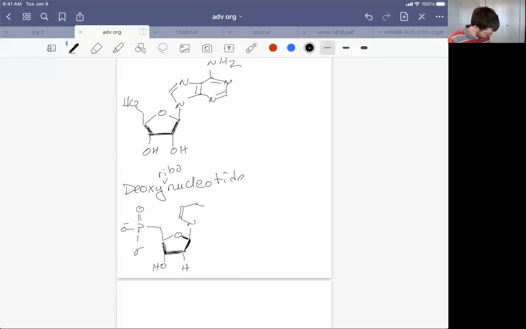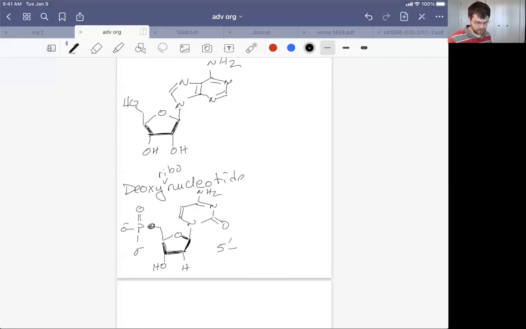All right, looks like I'm drawing deoxycytidine, which has cytosine as the base. So this is going to be 5, and they call this the prime carbon, just because there's a lot of carbons here. 5 prime. Ooh, I forgot an oxygen here.